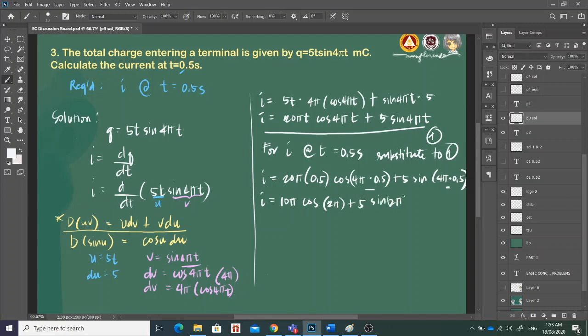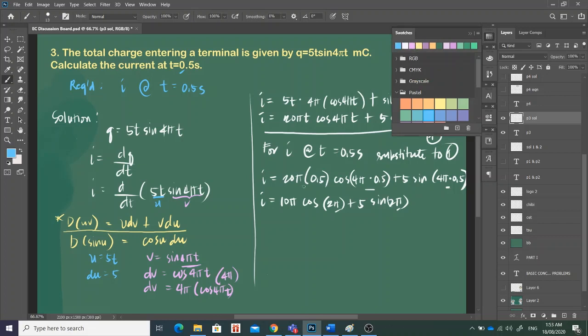Itong mga angle nating mga yan ay naka-radian. So, conversion natin for radian. So, 2 pi, multiply lang natin ng 180 degree over pi. Okay? So, that is equivalent to 360 degrees. So I is equal to 10 pi cosine 360 plus 5 sine 360.